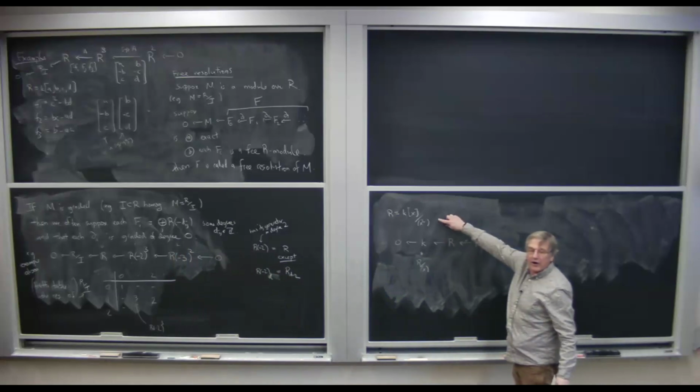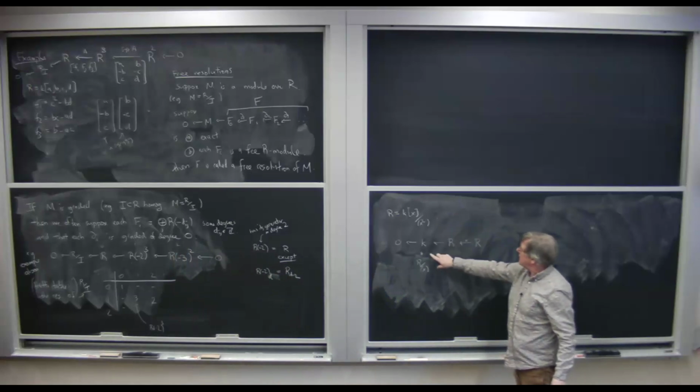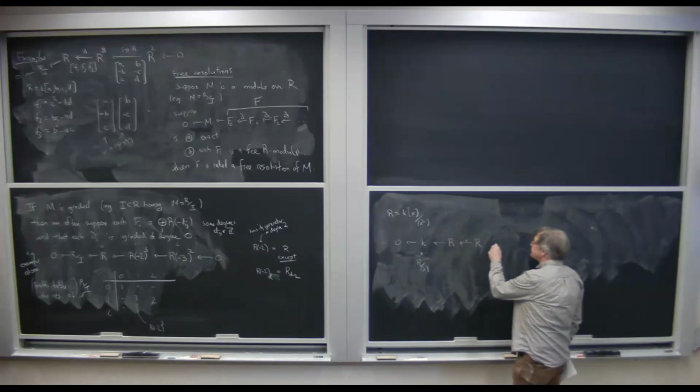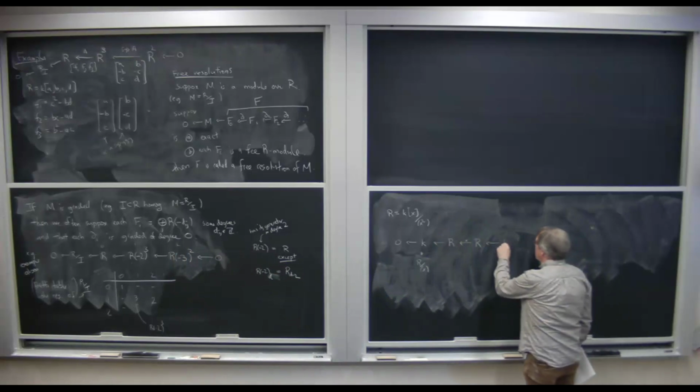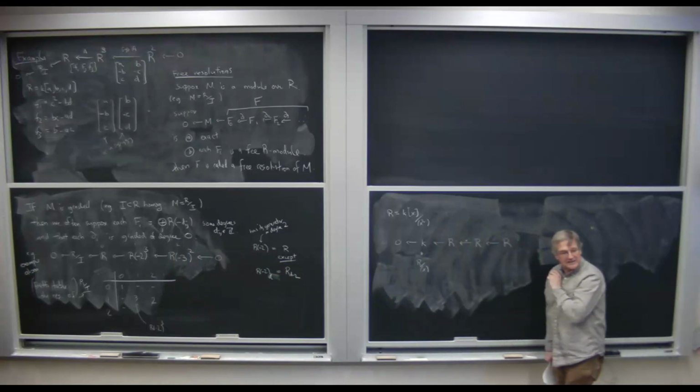Okay, so here we have R is k[x] mod x squared, and then we have this map R to R. So this is now exact at this point. So what's the kernel of this thing? It's another copy, generated by x.